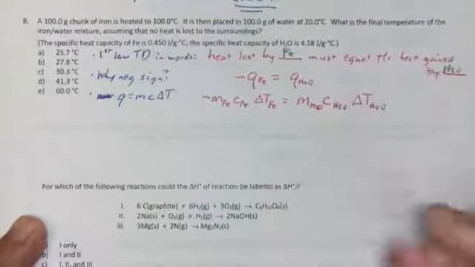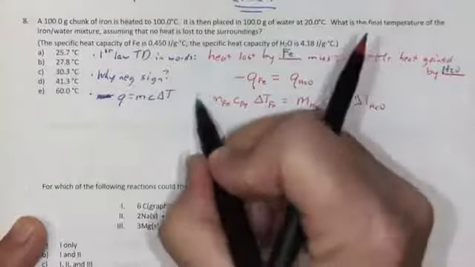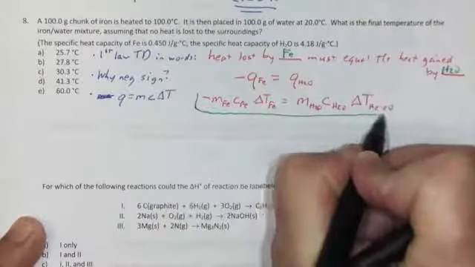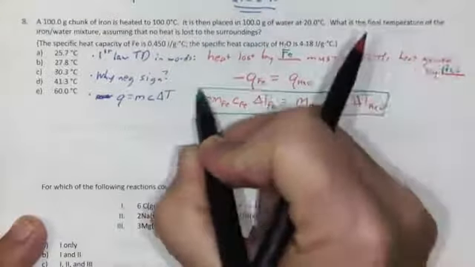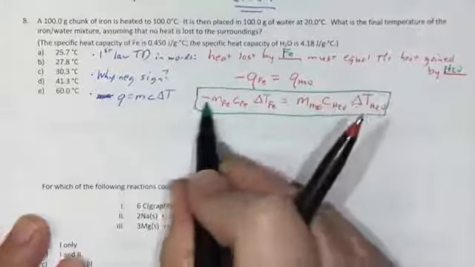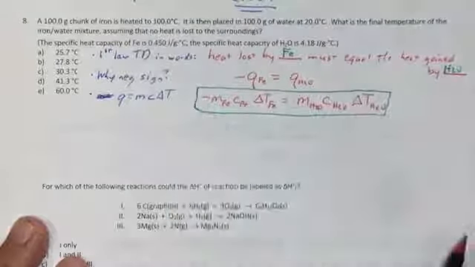Now let's plug those numbers in. This is the relationship that we're looking at here. The one thing you've got to watch is this negative sign. Make sure you don't lose track of that negative sign.